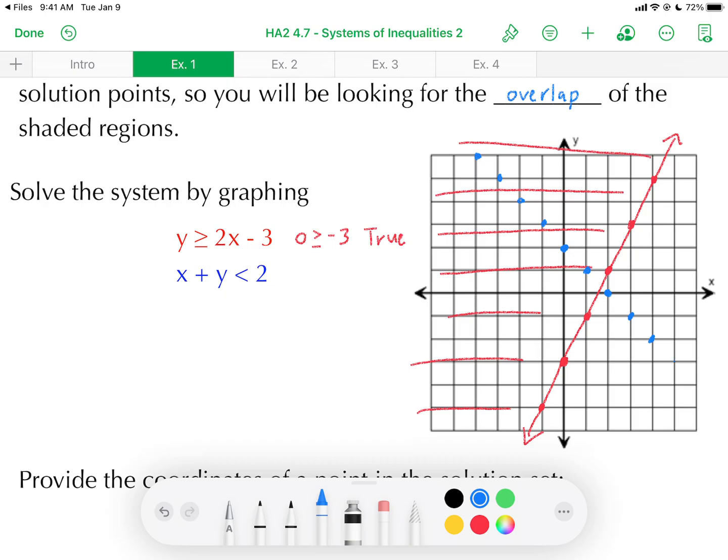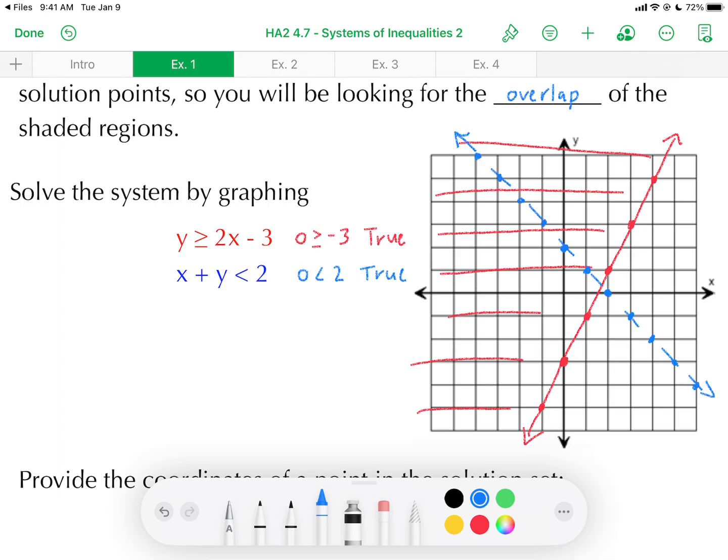Solid or dashed boundary line? Dashed. So the points of this boundary line are not actually included in that inequality solution set. Use the origin again. Plugging 0 in for x and y leads me to 0 is less than 2, which is true, right? So the origin is a solution to that inequality as well.